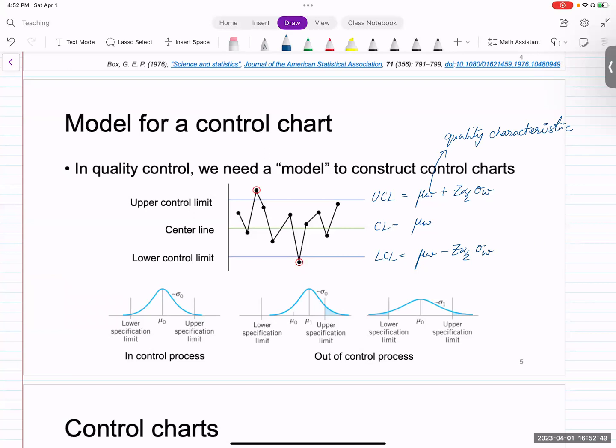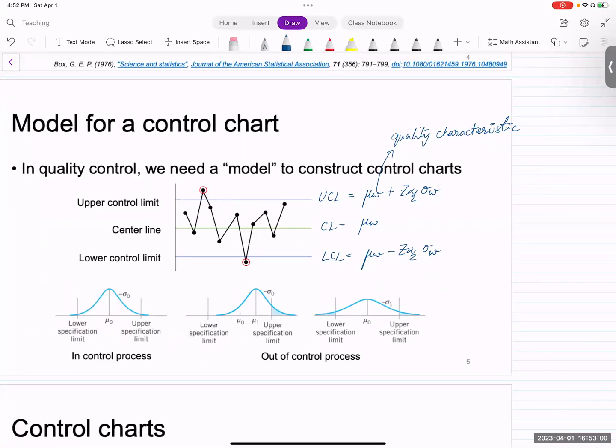Now, a couple of things here. This general model for a control chart that we're talking about is known as the Shewhart control chart, named after Walter Shewhart.